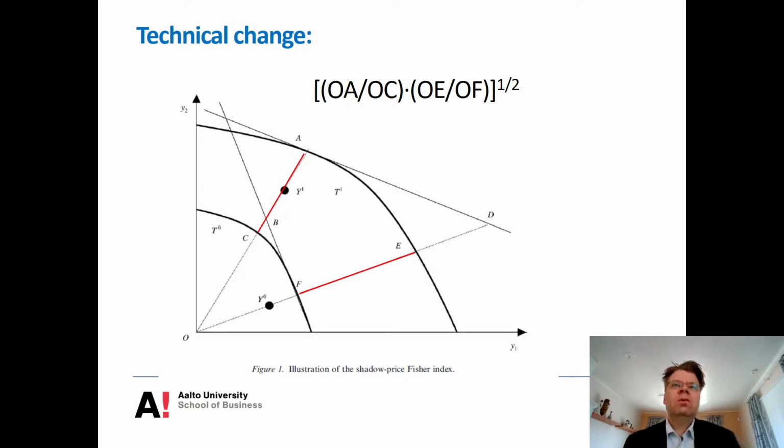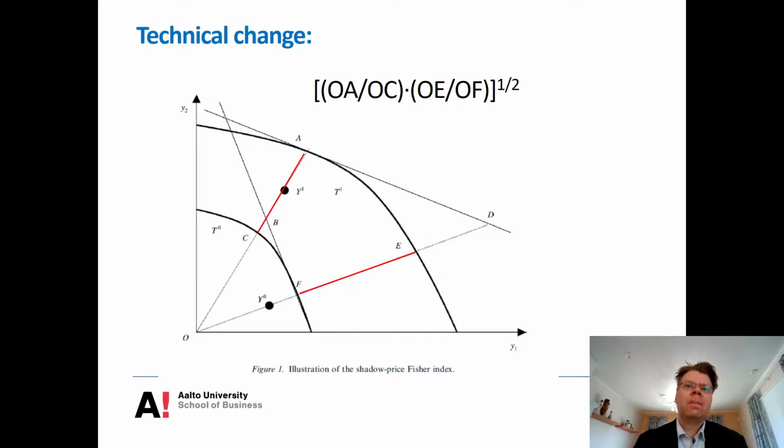In the same way, we could also look at the distance from the target period point of view. If we take this output quantity y1 and project it radially to the two output isoquants, this distance between point A and point C would also be a measure of how far apart these two isoquants are.